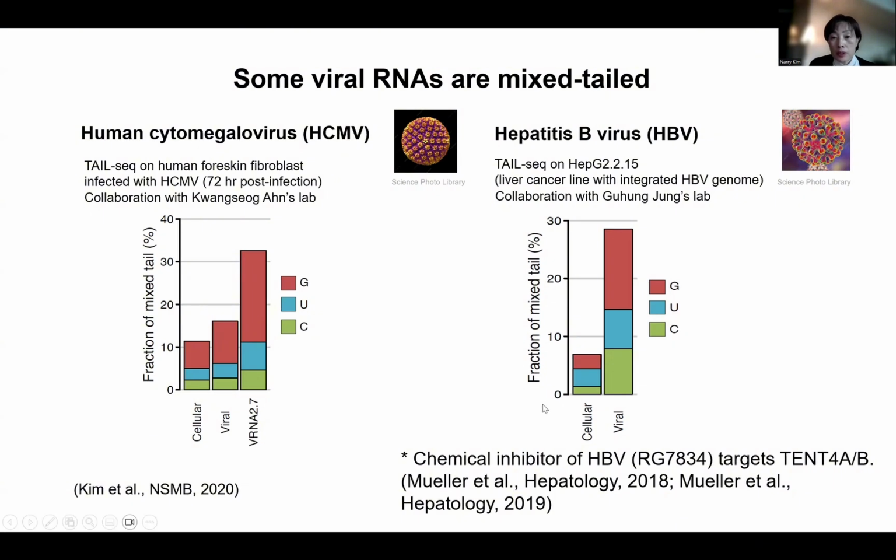And in addition, we learned that the Roche Research Institute identified a chemical inhibitor of HBV called RG7834, and they also later learned that this chemical works by targeting TENT4A and B, indicating that TENT4A and B are critical for viral replication cycle, and this is possibly due to mixed tailing.